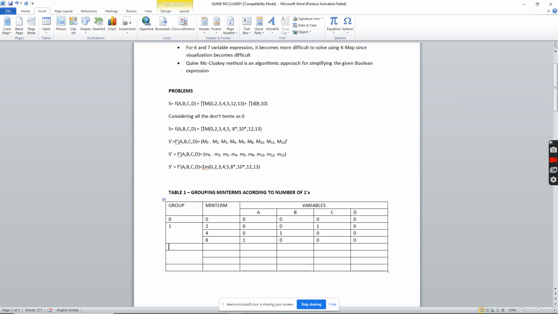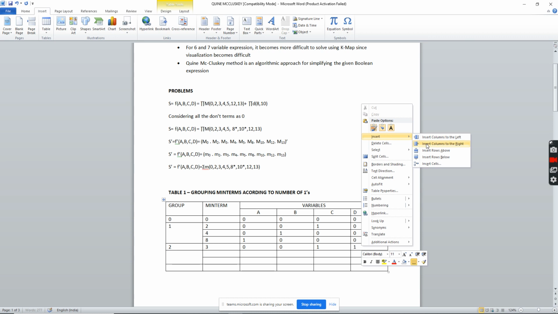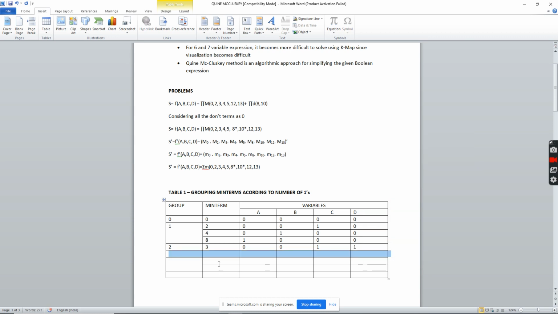Then I'll be going for a group of 2. Here I'll be writing 3, which is nothing but 0, 0, 1, 1. Next comes one more term having 2 ones in it, that is 5, which will be 0, 1, 0, 1.